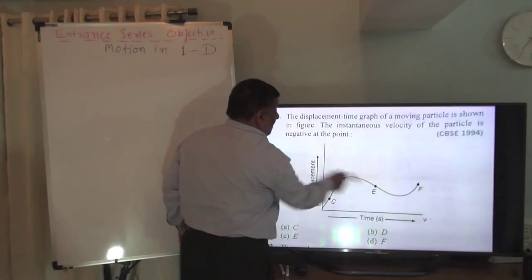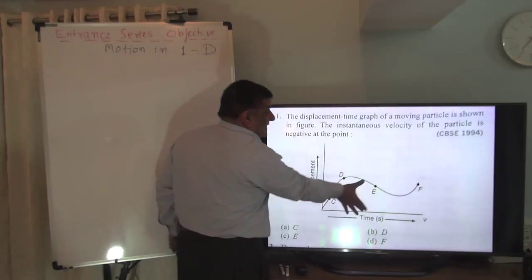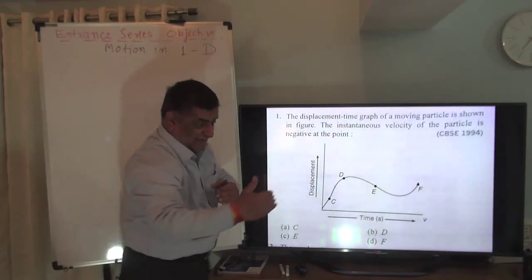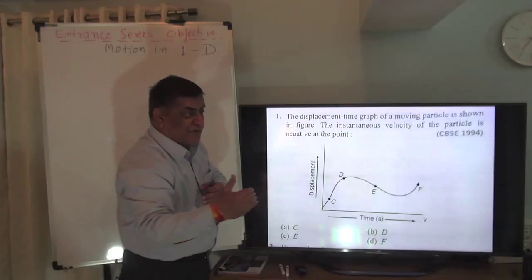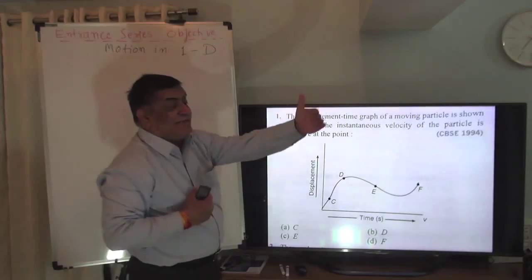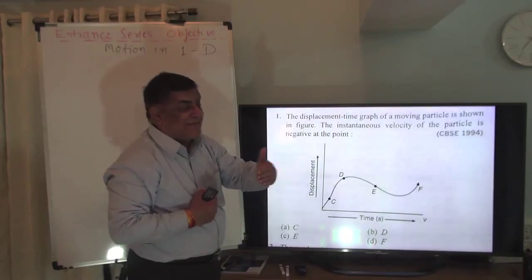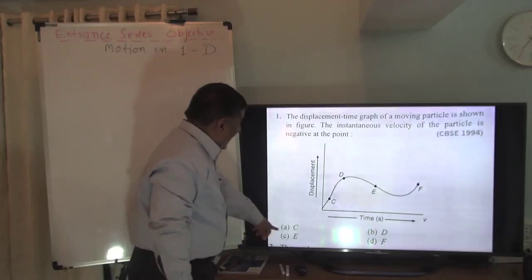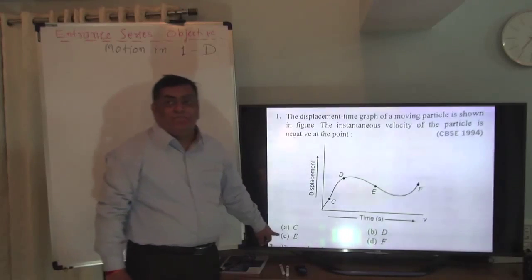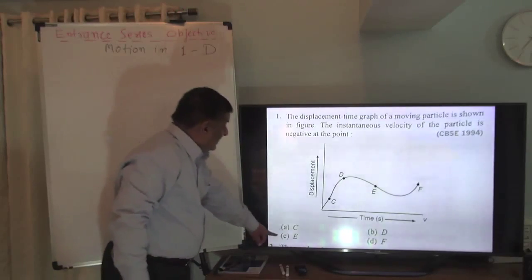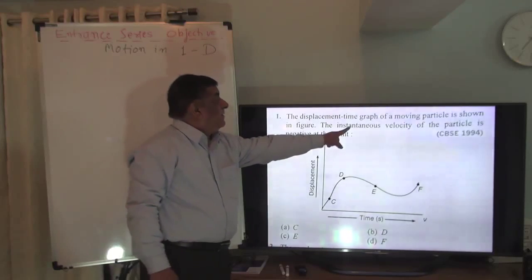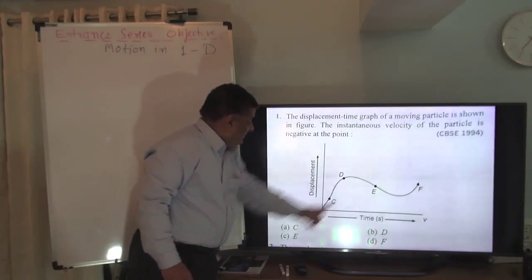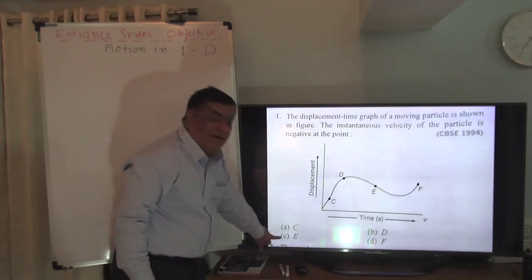Because height shows the displacement, so more, less. That means the particle is coming towards me and the displacement is decreasing. If displacement is decreasing, then velocity is negative. So at point E, velocity is negative and our answer will be E. This is the right option. The instantaneous velocity of the particle is negative at the point E. So this is our right answer.